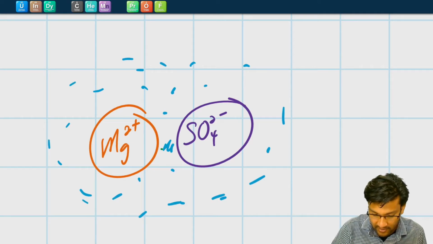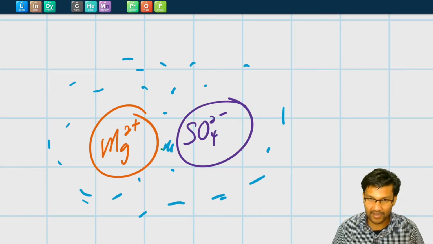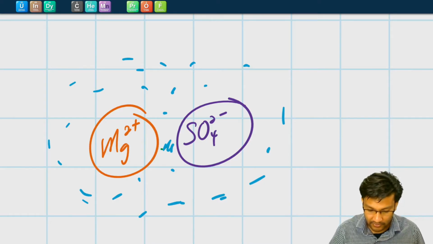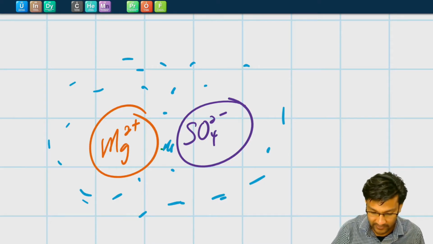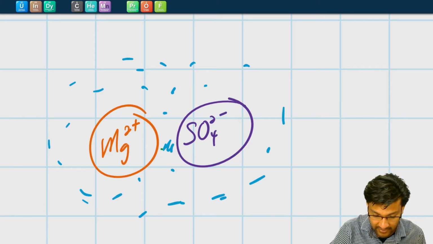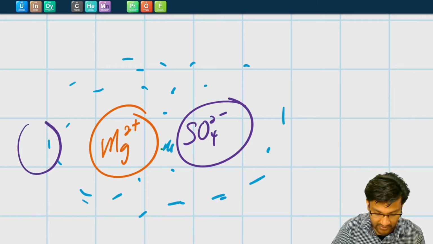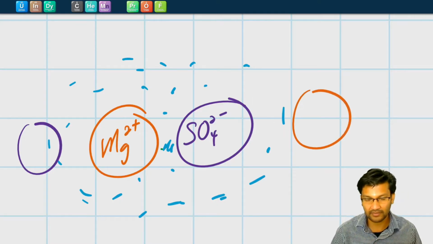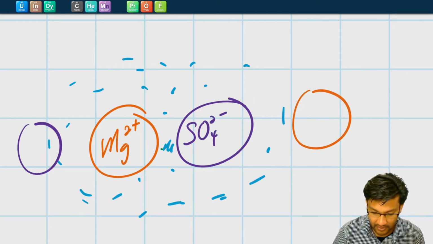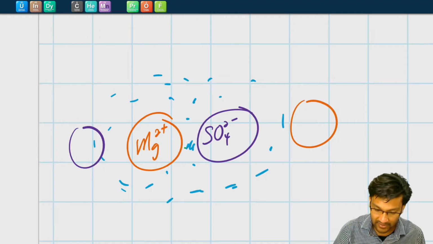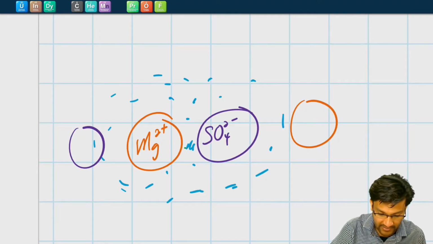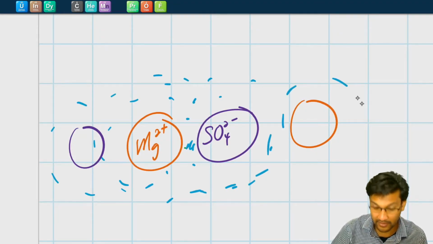So we go from a solid magnesium sulfate that has a bond between the ions to being completely separated as individual ions floating in our solution. Just to make this picture complete, this positive charge could have also attracted a negative charge over here, and this sulfate could have attracted another positive charge over here, and this would repeat infinitely in a crystal. But in solution, water comes in between all of these ions and separates them, and so they dissolve.